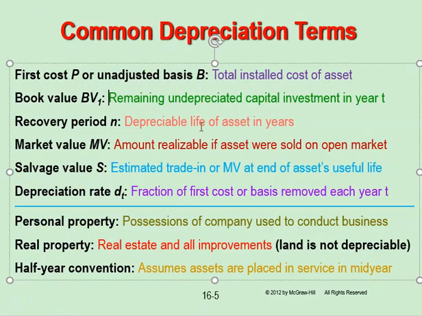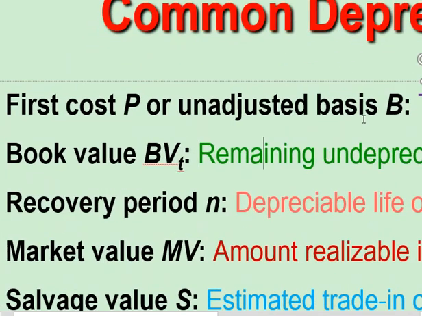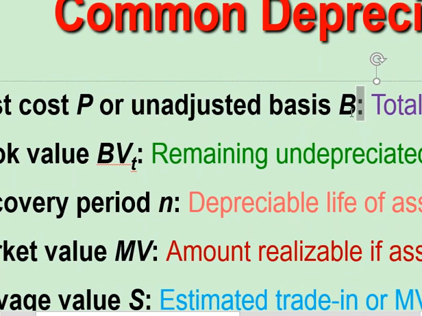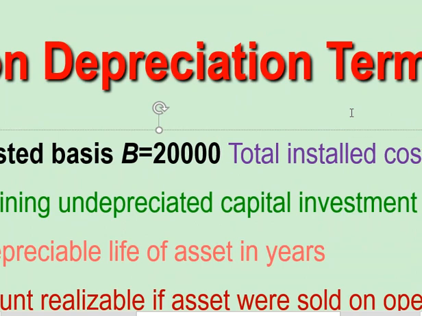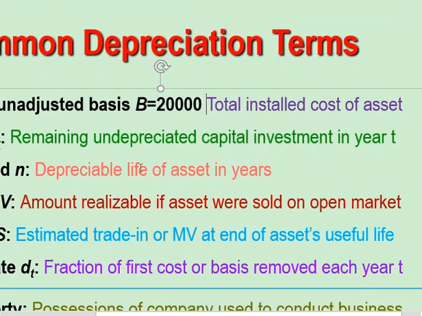I'm not sure if you can see that, so let me go here. One more time. This is my B. Let's say I got $20,000. I bought my car for $20,000. This is my first cost, or installed cost of the asset.